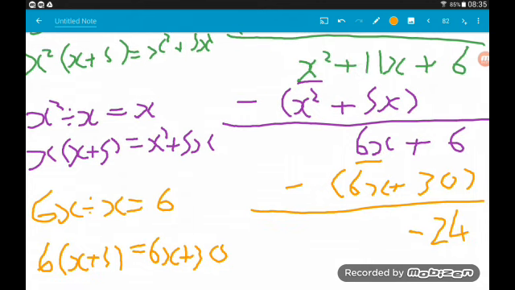So there's 2 ways we can write this. It just depends how you are asked to write it.